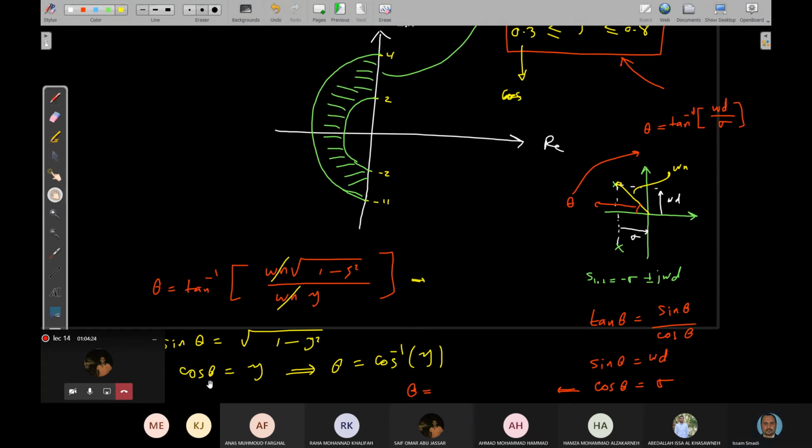Cosine inverse of 0.3 gives 72.54, so the first one, theta 1, is equal to 72.54. And theta 2 is cosine inverse of 0.8, which gives 36.86.